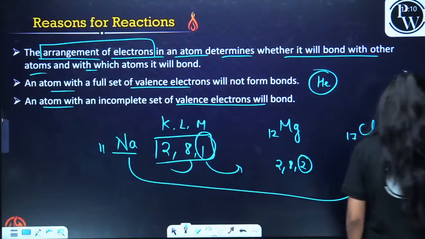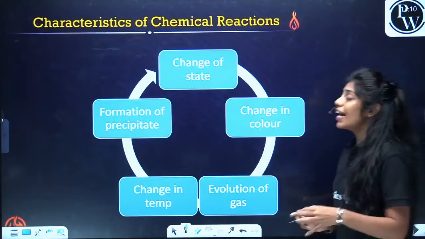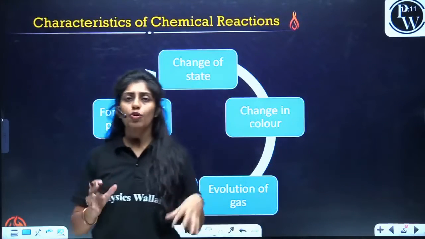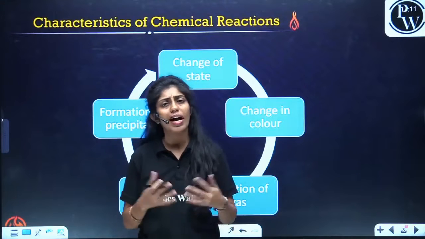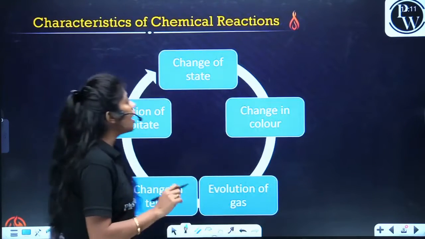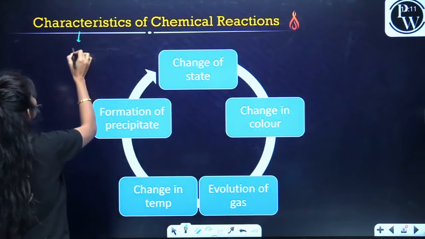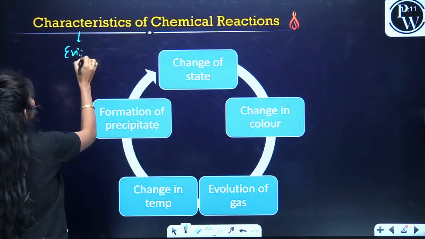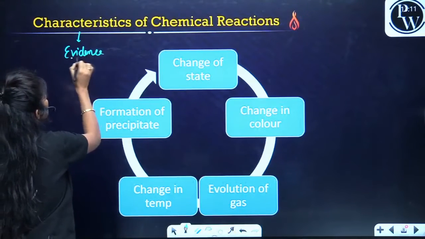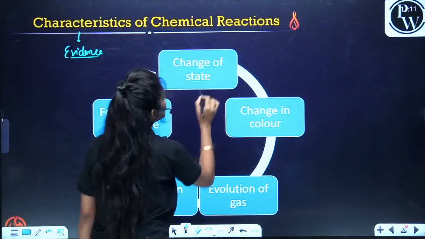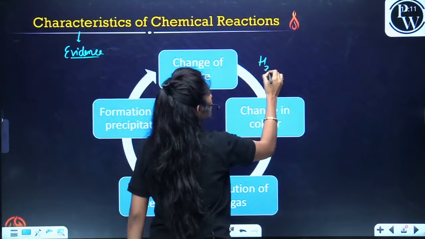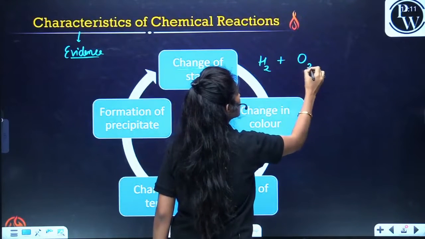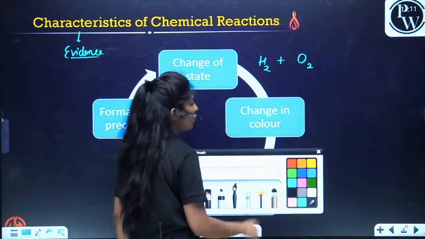Yes. Now we have the characteristics of a chemical reaction. Suppose in this room, a chemical reaction is occurring. How will you believe me? There are some evidences or characteristics of a chemical reaction. The very first is change of state. Suppose I have hydrogen. It reacts with oxygen. Do you know the physical state of hydrogen?